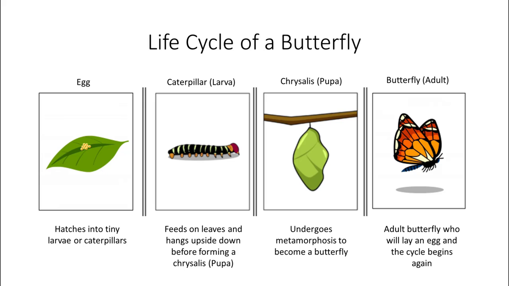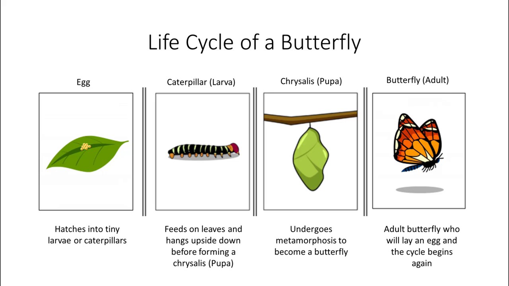In this stage, it's when the larva will start to form legs and wings and eyes and other parts of an adult butterfly. Then finally, it will come to the adult stage of its life. And during this stage, the adult butterfly will mate and it will lay eggs. Many species of butterflies will not eat during this time, but there are a few species that will get their energy from nectar.